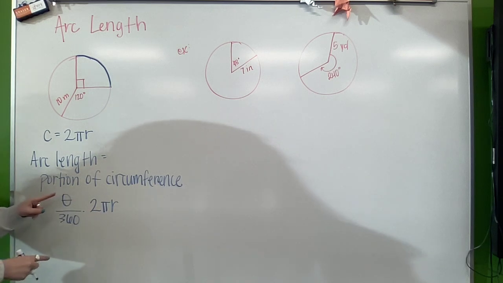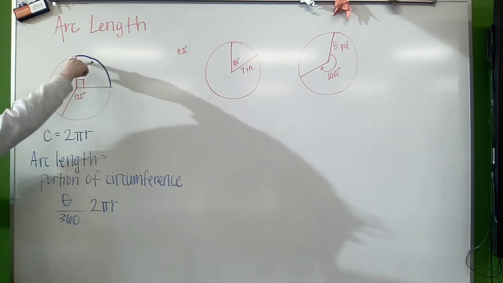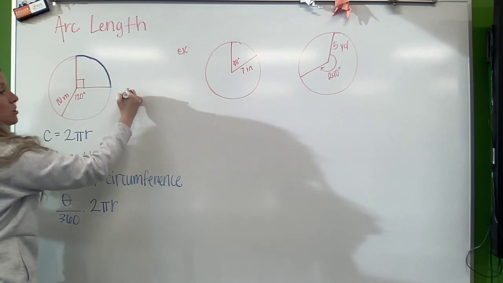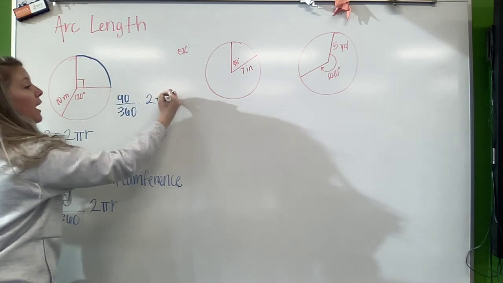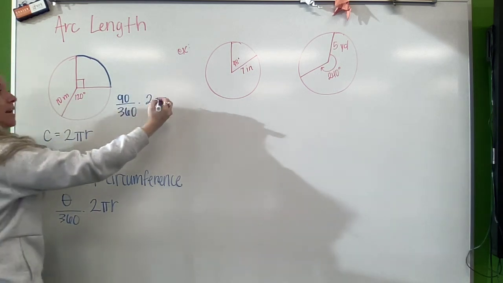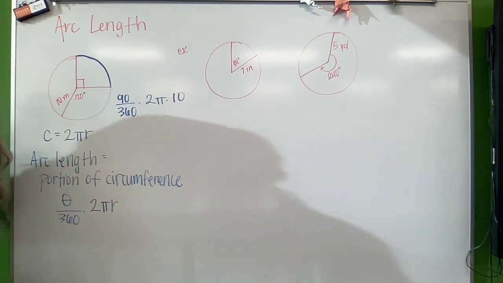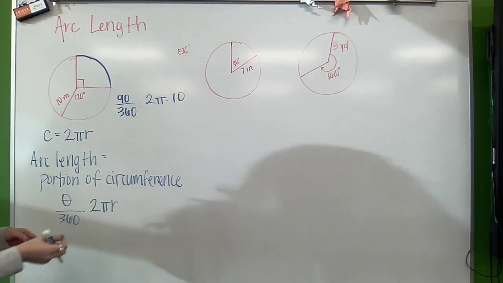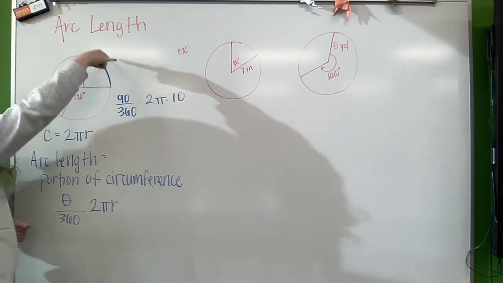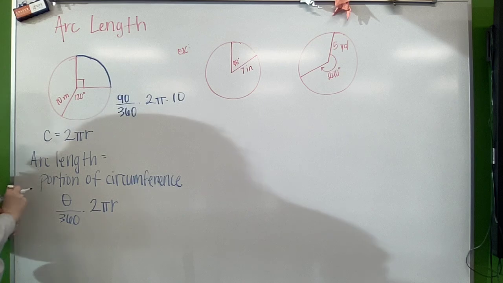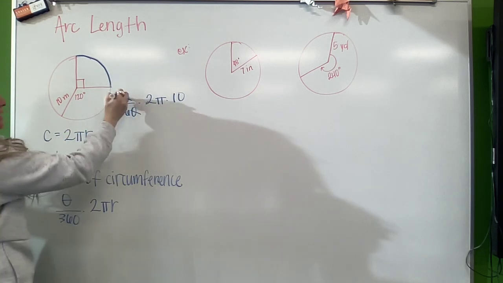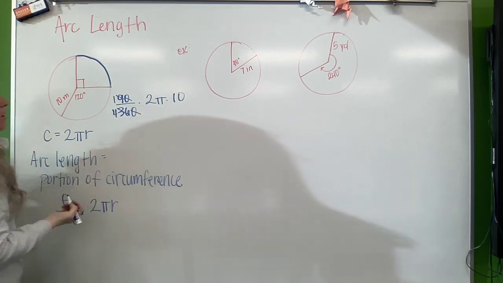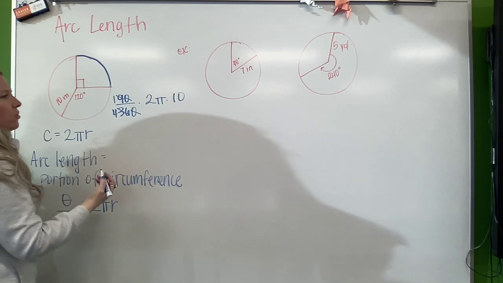That's all it is. So here, let's say we have that 90, so I'm going to put 90 over 360 times 2 pi, and then my radius here is 10. And that's going to tell me the length of that arc. So I'm going to go ahead and do some reducing here. 9 over 36, then 9, so I get 1/4.